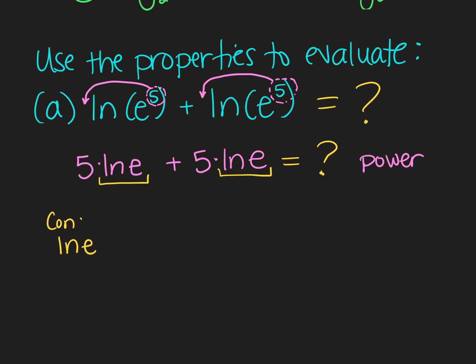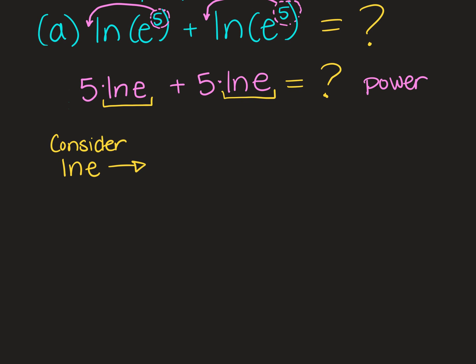Let's consider, because we want to take a break from our expression for a minute, the natural log of e. That can be rewritten, if you think of it in terms of what its base is, as the log base e of e. That's what the natural log implies.